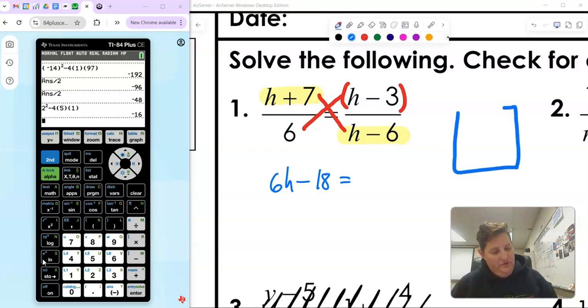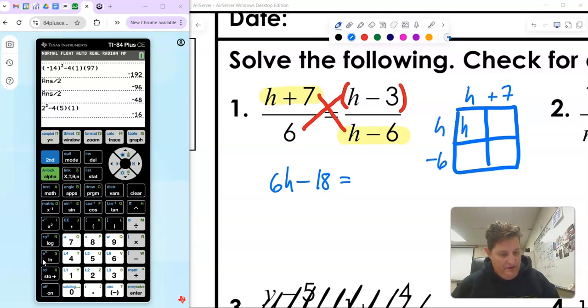We have to do the box. Alright, because I'm trying to multiply h plus 7 by h minus 6, okay? So h squared plus 7h minus 6h minus 42. Alright, and when I combine those, I get h squared plus h minus 42.